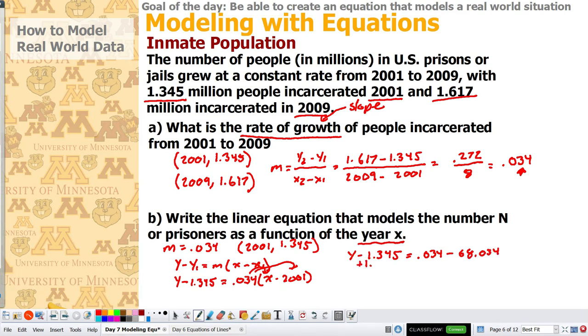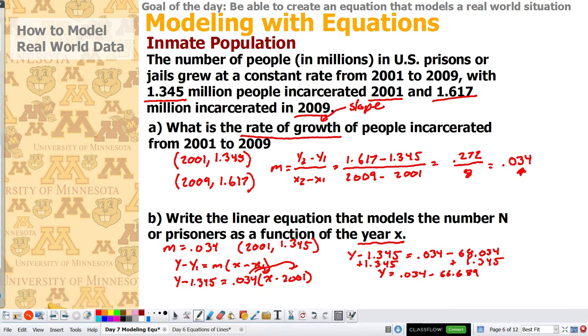Add 1.345 to both sides. We get y equals 0.034x minus 66.689.